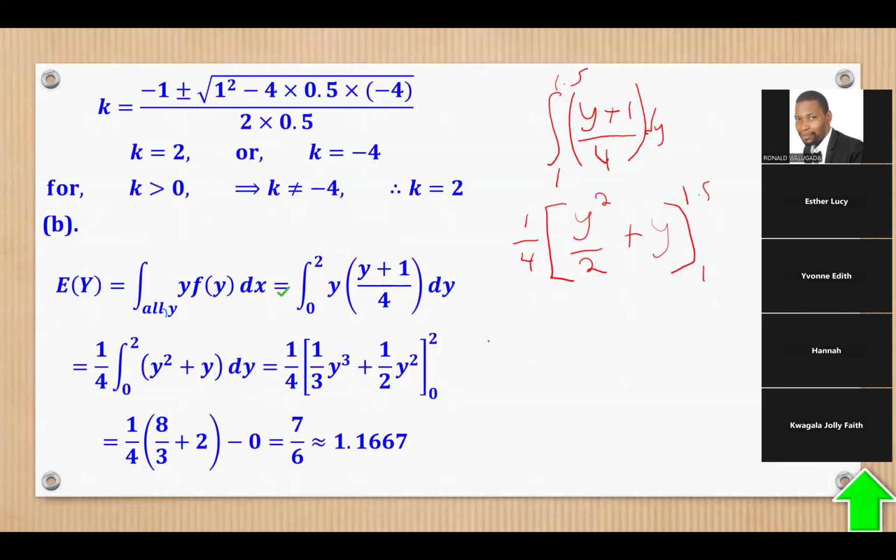Then what do you do after that? You replace y with 1, so it becomes 1 over 2 plus 1. Wait, remember, we begin with the upper limit. Okay, with 1.5. Yeah, that is better. Plus 1.5 squared over 2. Then after the upper limit?